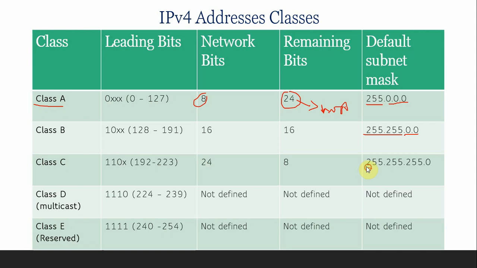We have 24 bits, that is the first 3 octets turned on, and then the last octet turned off, which is the host bit. I'll give you an example of how this actually works.